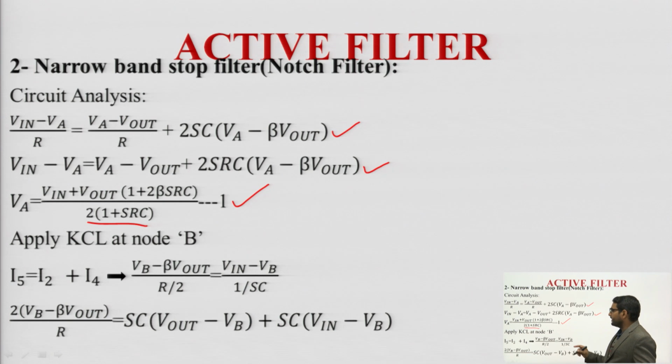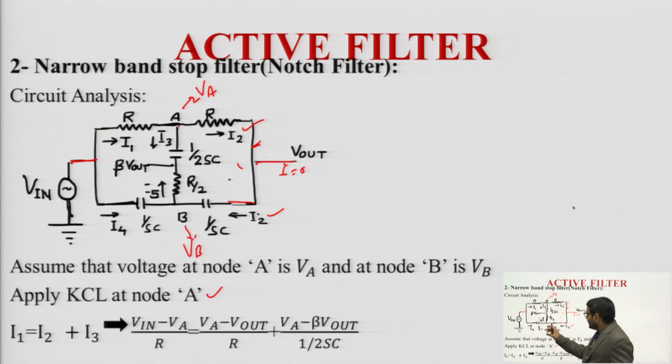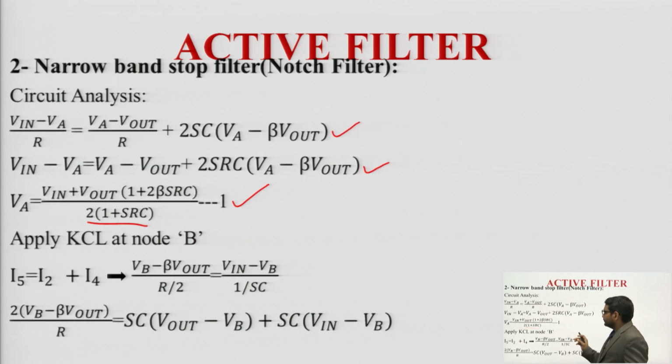Now, our second motive is to find the value of V B. For V B we apply the KCL at the node B, and this is the current I5. So, applying the KCL at the node B, we get I5 equal to I2 plus I4.